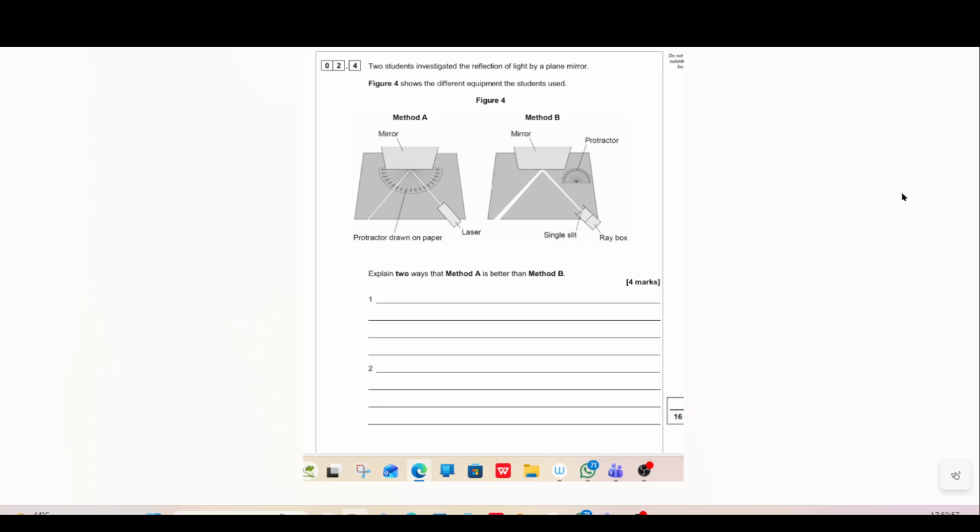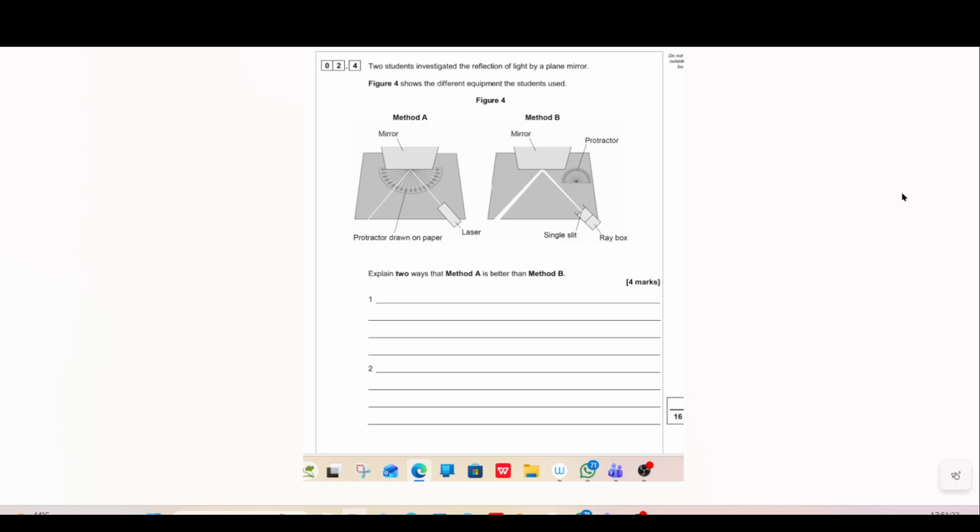I said Method A uses a better laser, which is thinner and more accurate, so fewer measurement errors are made. Method A also uses a protractor, unlike Method B, which has it just on the side, not being used.